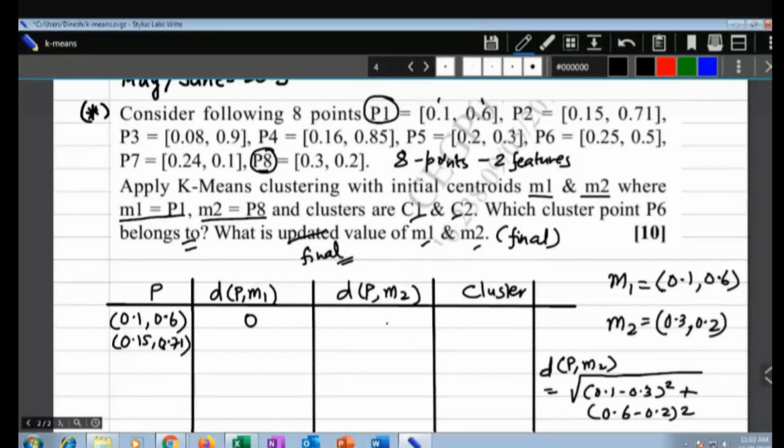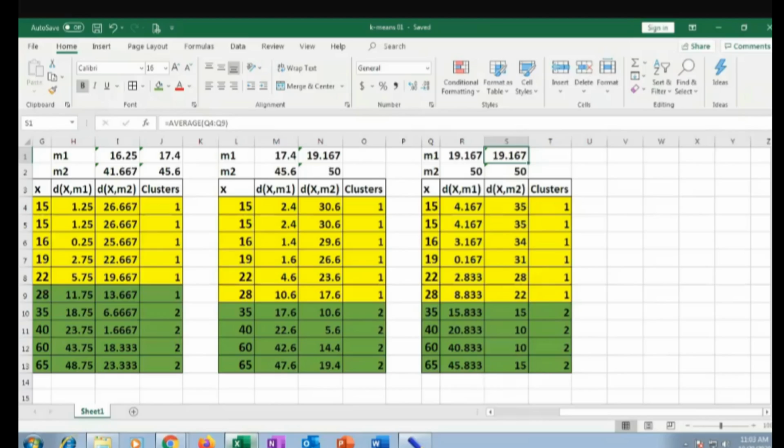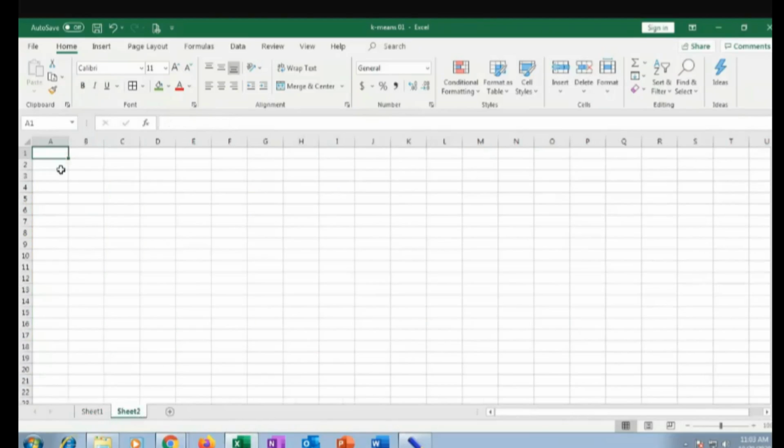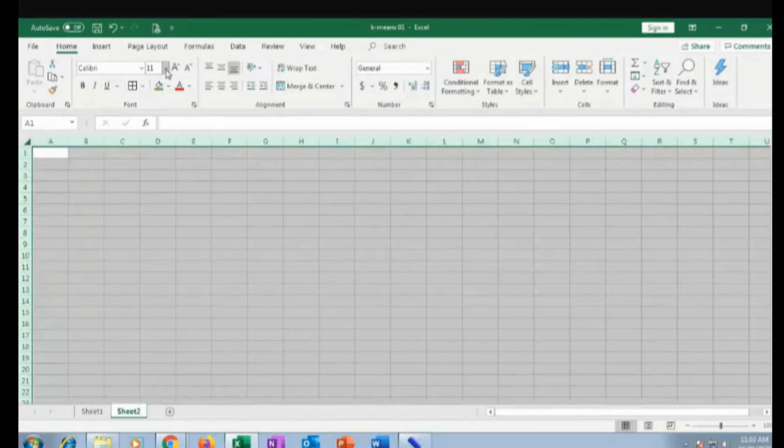You solve this and you will get this particular value. As you go on solving this, finding out the Euclidean distance, you will have the same table, and then you will do the cluster assignment according to the minimum value for that particular cluster. Okay, so let us start with this in Excel. So I will add the sheet.